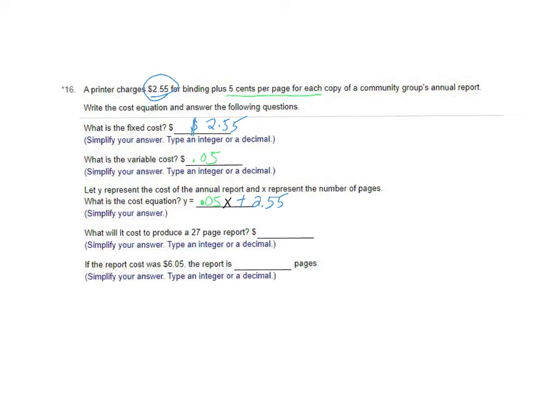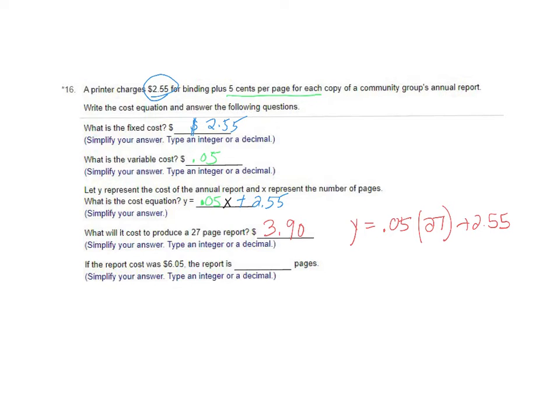Next step asks us, what will it cost to produce a 27-page report? And so we're going to take y equals 5 cents times 27 pages and add $2.55. And when we do that, order of operations, we will end up that it is $3.90.